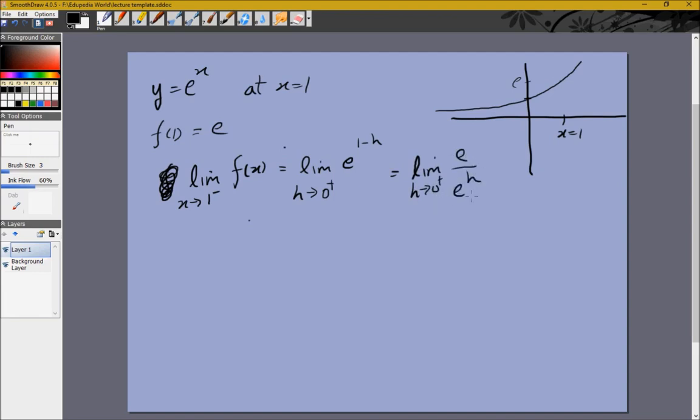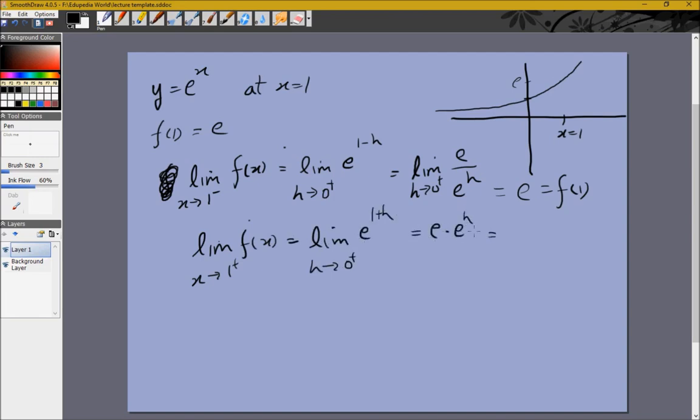As h goes to 0, e to the power h goes to 1, so this is equal to e, which is f(1). So the left hand limit is equal to the value. Now the right hand limit: e to the power 1 + h, which will be e times e to the power h. e to the power h again goes to 1, so this is equal to e, which is f(1). So e to the power x also is continuous at x = 1.